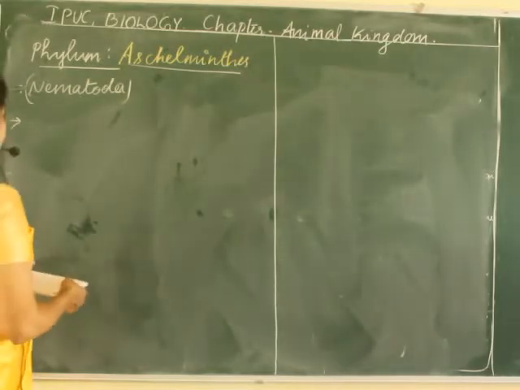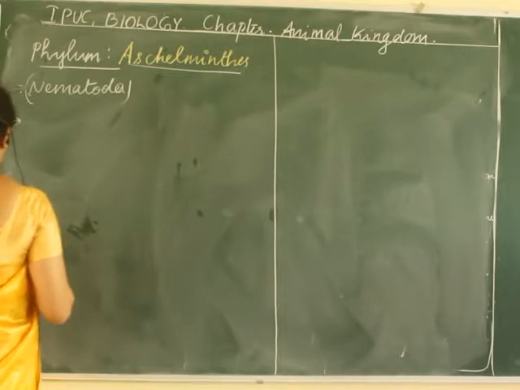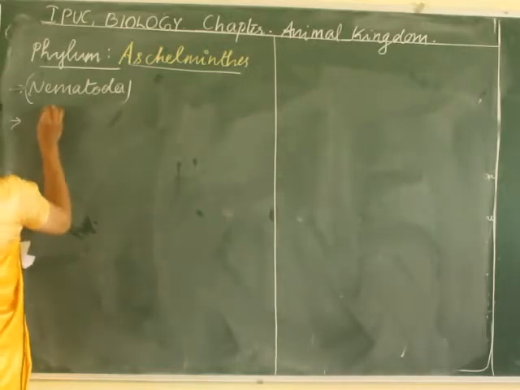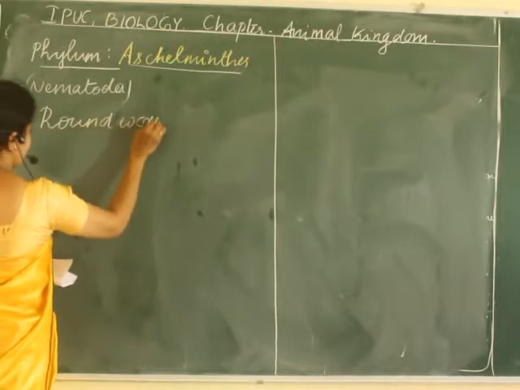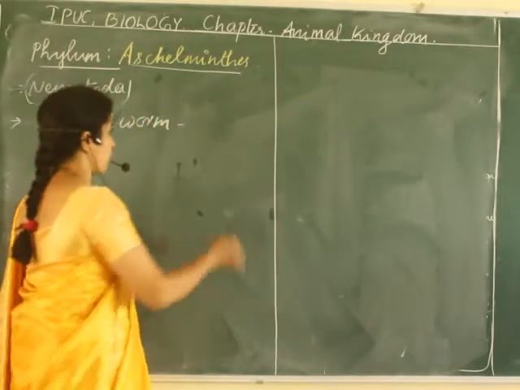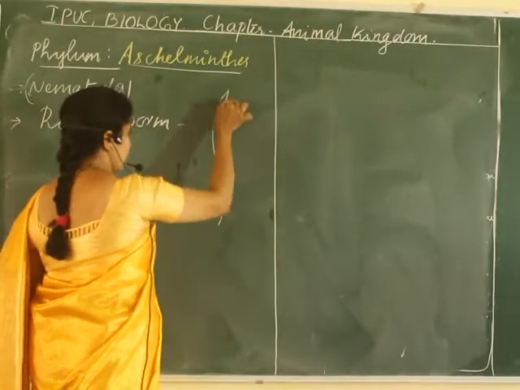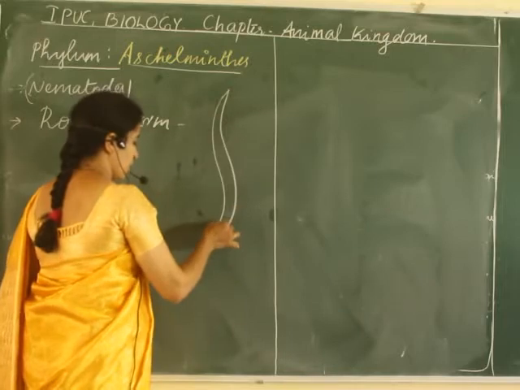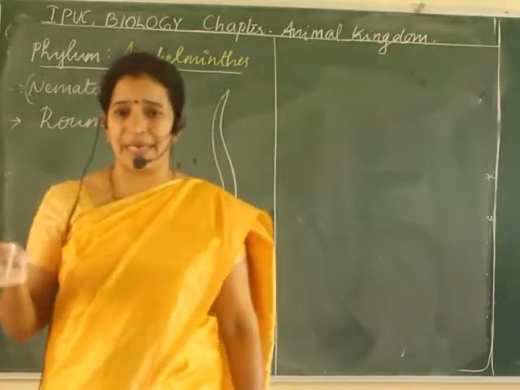Let us understand more about this Aschelminthes. What is another name for this? Already said, Nematoda. Then one more name is roundworm. Can you say why it is known as a roundworm? It is called a roundworm because these worms are long and cylindrical, without any lateral appendages.